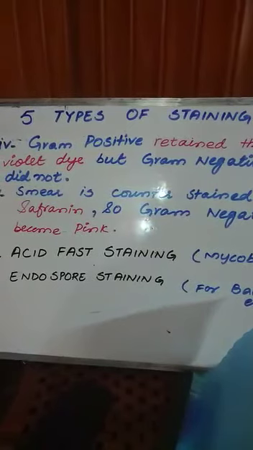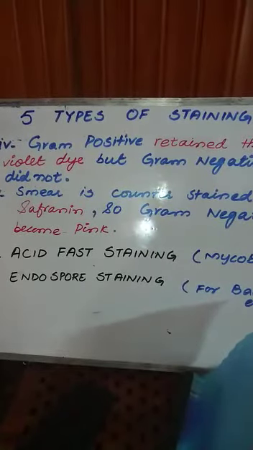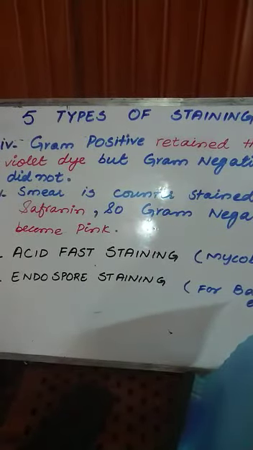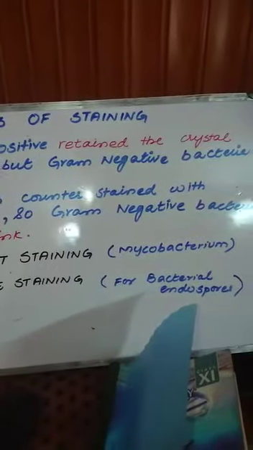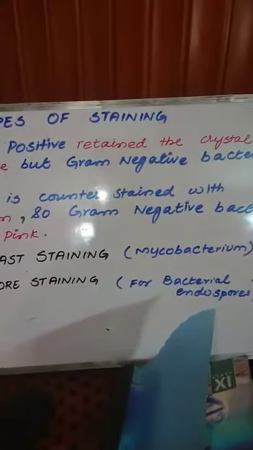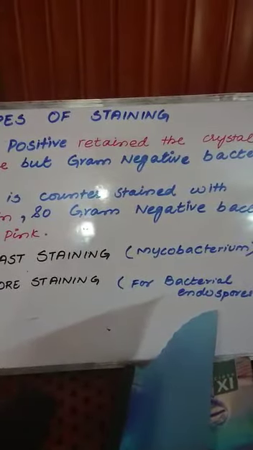The cell wall of gram-negative bacteria does not retain the crystal violet dye because it is thin but made up of quite complex components.